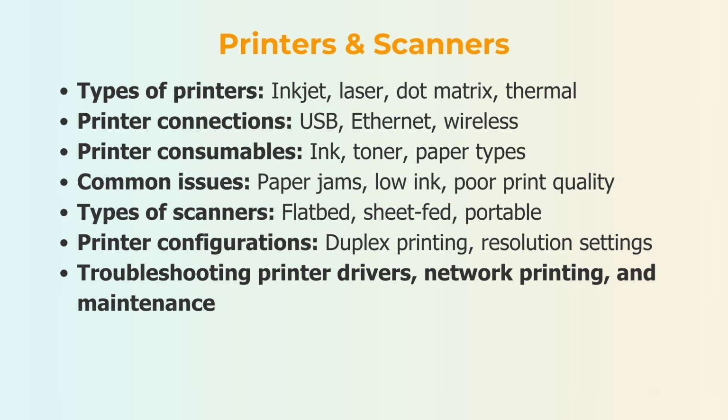Scanners are used to convert physical documents into digital files, and they come in flatbed, sheet-fed, and portable forms. Knowing how to troubleshoot both printer and scanner issues, such as driver problems or connection issues, will be key to passing the Core 1 exam.